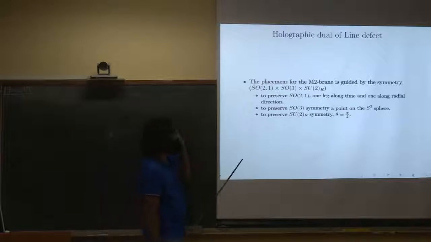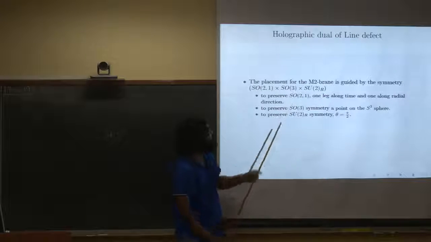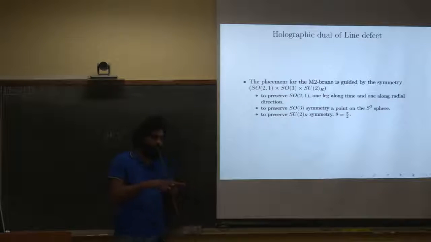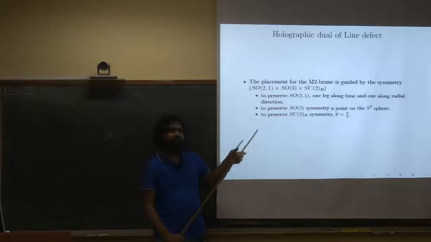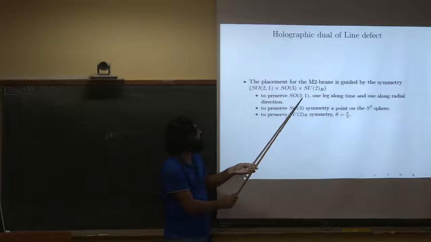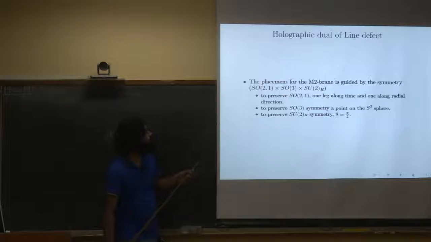Now we are going to preserve all the symmetries that we discussed from the field theory perspective. First, to preserve SO(2,1) symmetry, we place the time direction of the M2 brane along the time direction of AdS5 and one spatial direction along the radial direction. That's the AdS2 subspace, and it preserves the SO(2,1) symmetry.